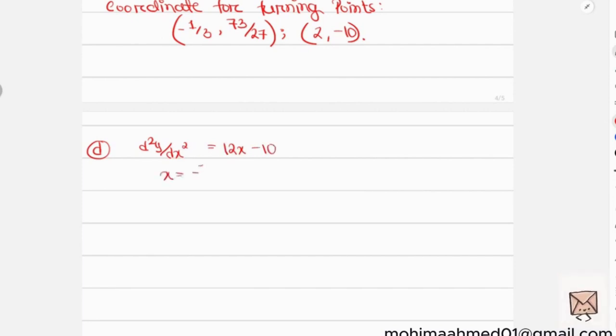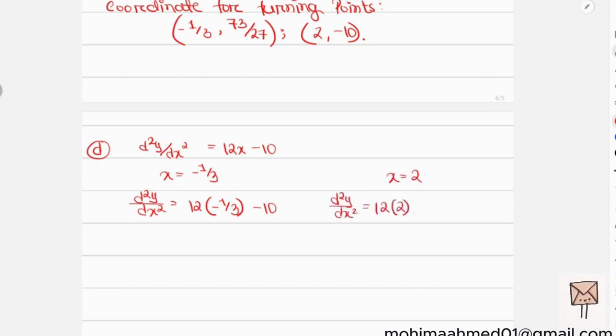When x is negative 1 over 3, this d square y dx square is 12 times minus 1 over 3 minus 10, and then when x equals 2, this d square y dx square is 12 times 2 minus 10, which is going to be 12 minus 1 over 3 plus 10, that is positive 6, which means this one must be the x coordinate for a minimum turning point.